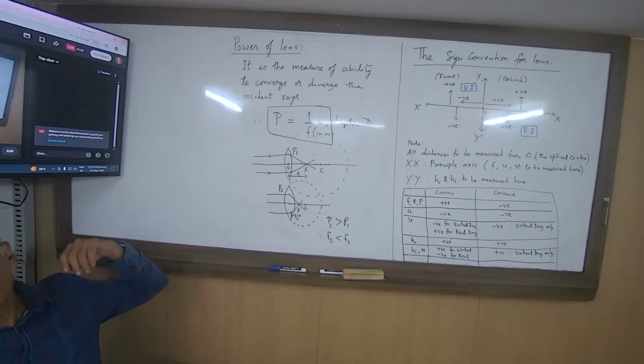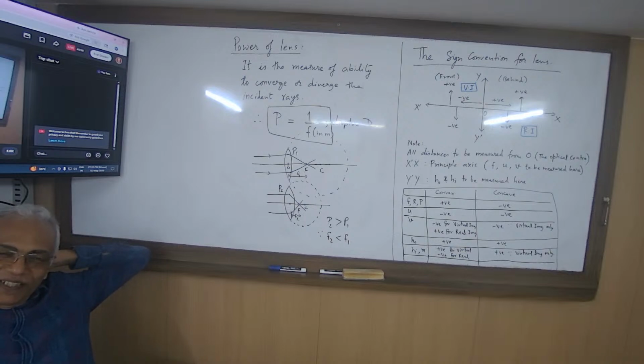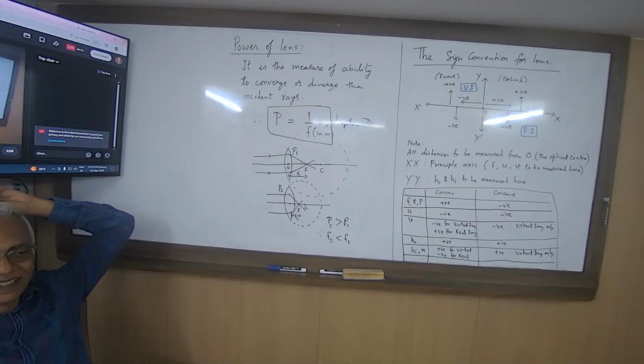Is it a question of physics or geometry? Geometry. So you tell me, what is it? A hemisphere. Any point on the hemisphere joining the center is what? The radius.